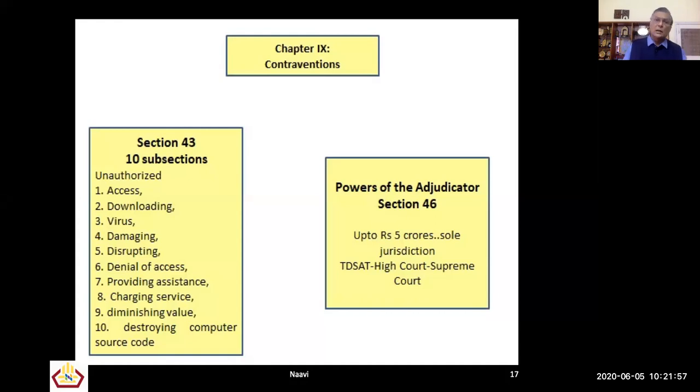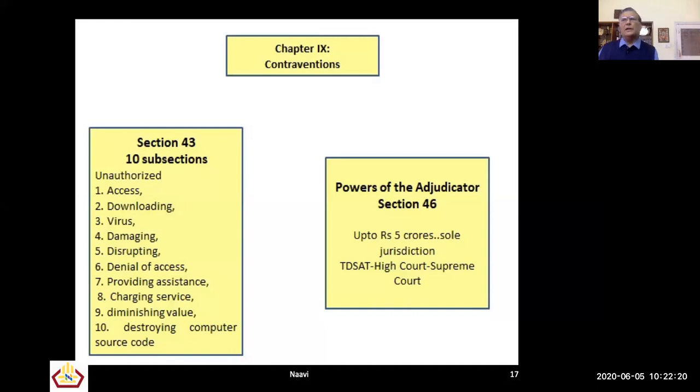We may look at the asset inventory inside a computer, all that as part of the computer source code. Now, all these things are contraventions. If somebody does this contravention and another person suffers some financial loss, then that financial loss can be recovered from the person who committed this offense.